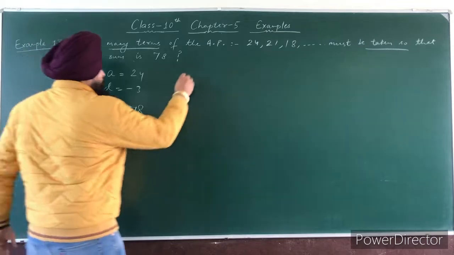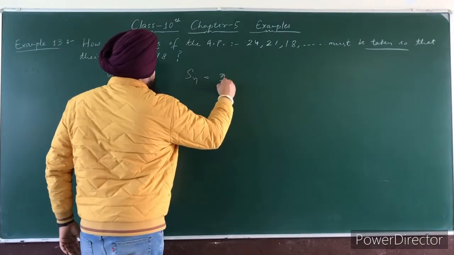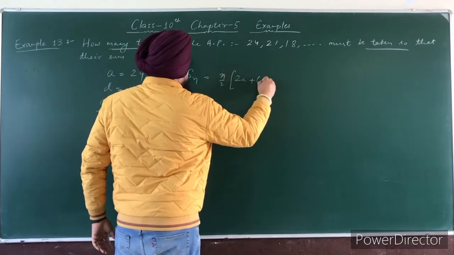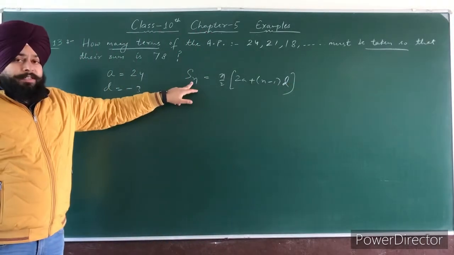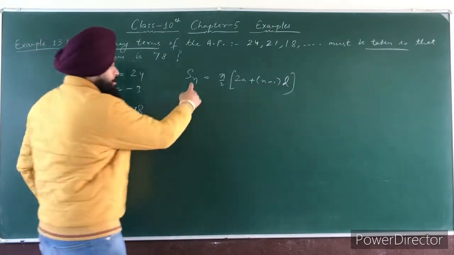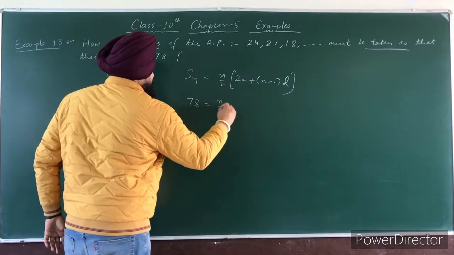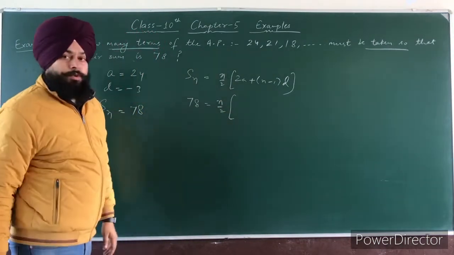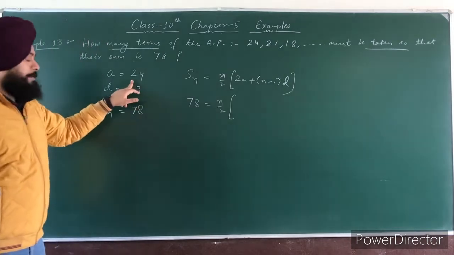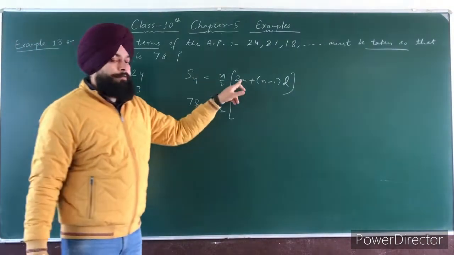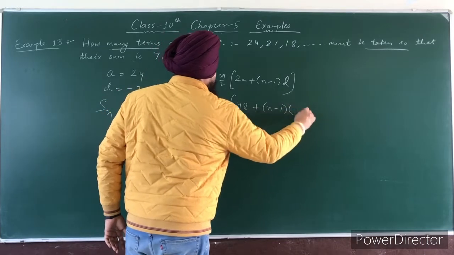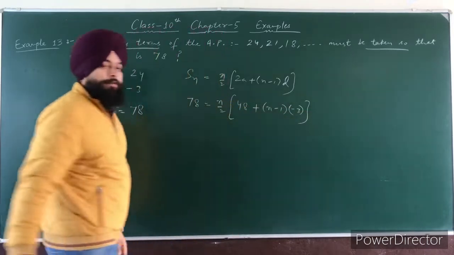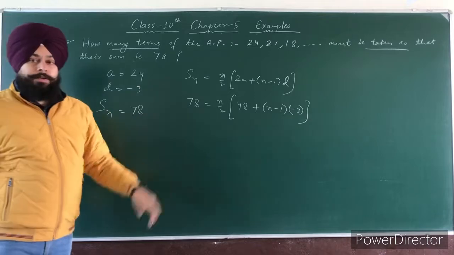So first put the formula for Sn: n by 2 into 2a plus n minus 1 into d. The value for Sn is here 78. So write here 78 is equal to n by 2 into 2a, where a is the first term which is 24, so 2 times 24 is 48, plus n minus 1 into d. d is the common difference and its value is minus 3.